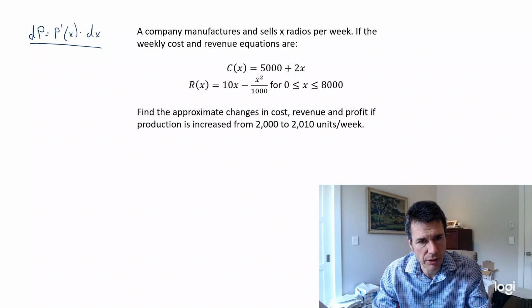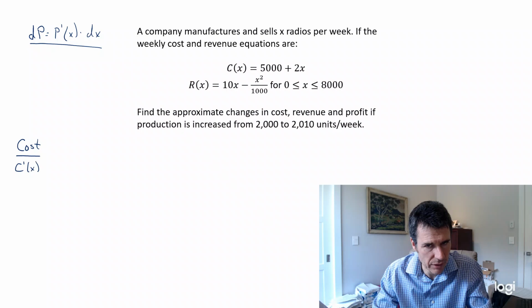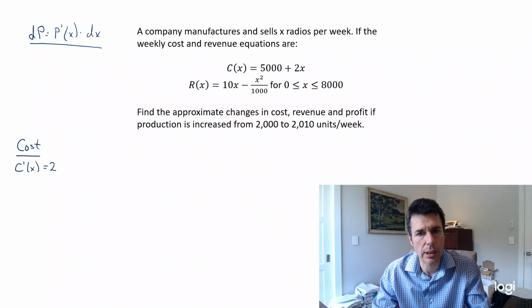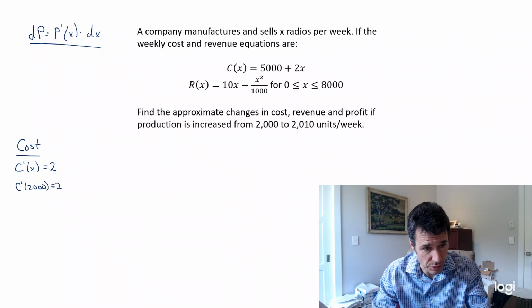We're going to work through cost, revenue, and then profit. So cost. The marginal cost is the derivative of cost, so C'(x) is equal to 2. And we want to know the marginal cost at 2,000, so C'(2,000), that's easy, that's still 2.